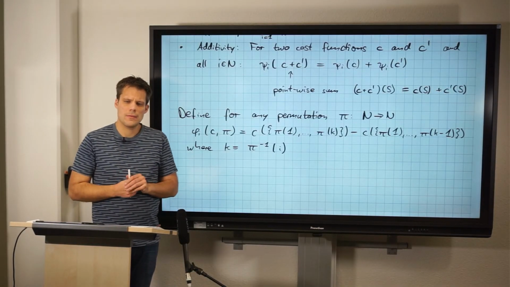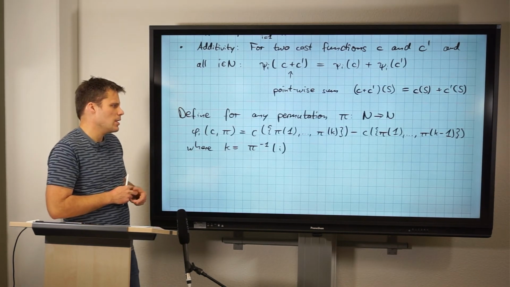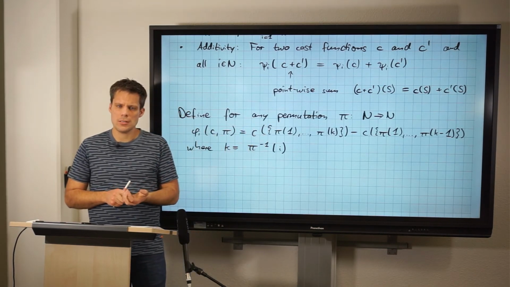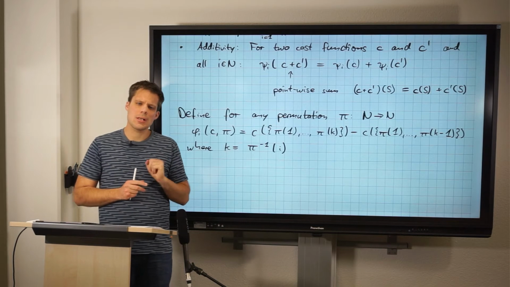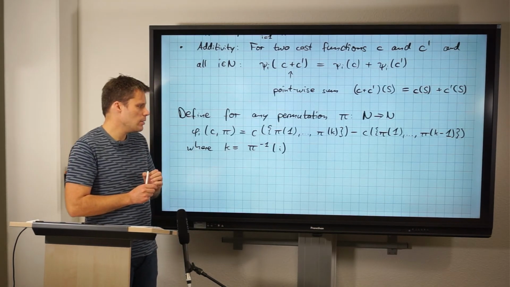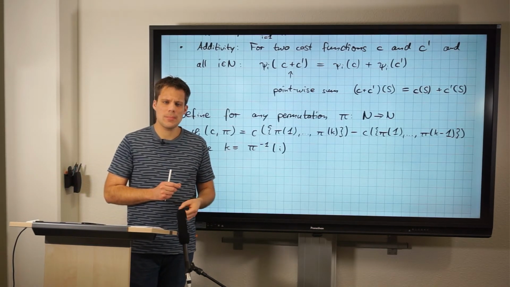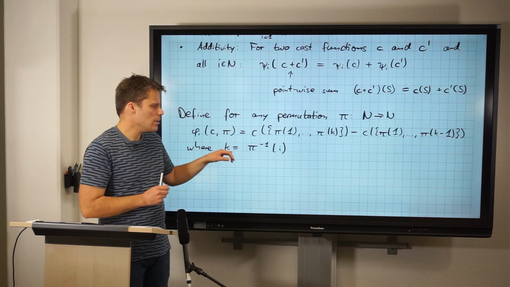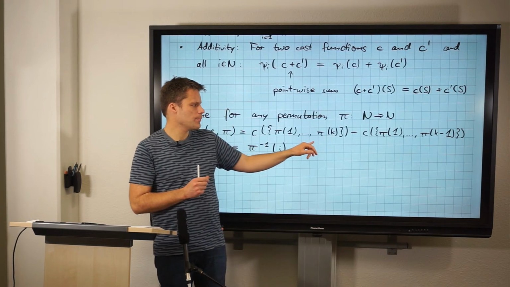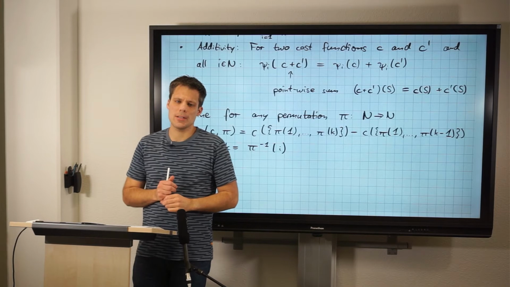This looks very fancy, but it is actually something super easy. Namely, we now take any permutation of the agents. Maybe for starters, let's just think of the identity permutation. So agent 1 will be at position 1, agent 2 will be at position 2, and so on. And now we'll take the cost of agents 1 through i, and from that, we subtract the cost of agents 1 through i minus 1.